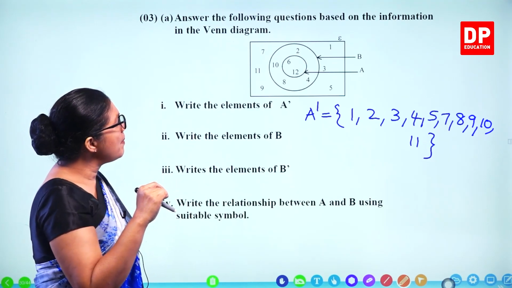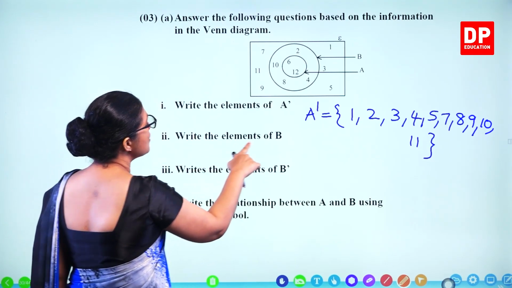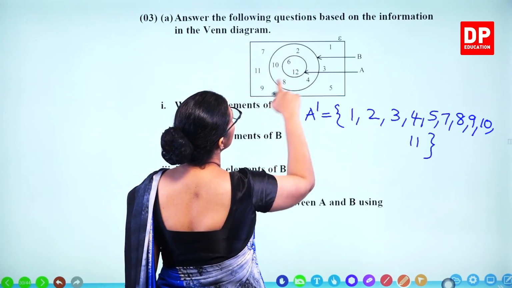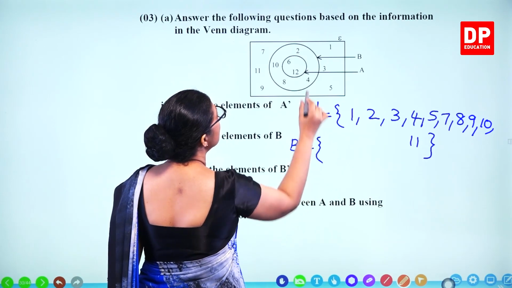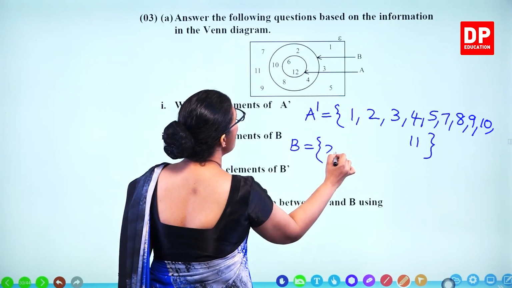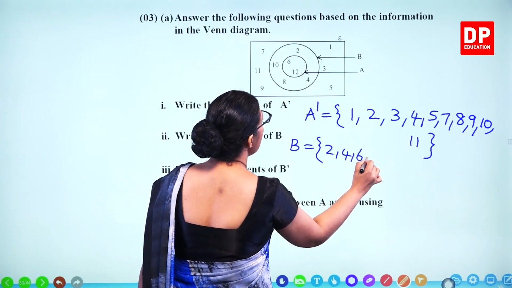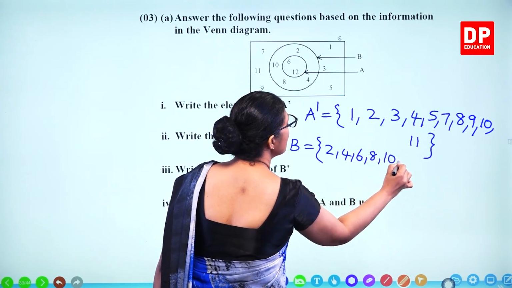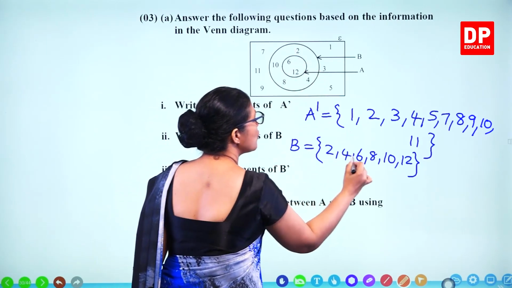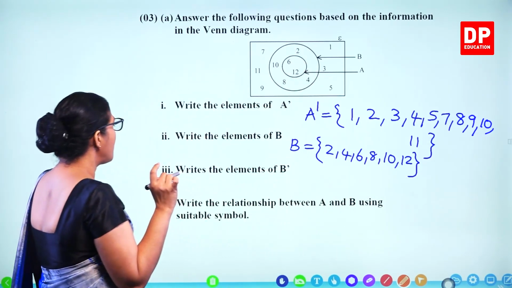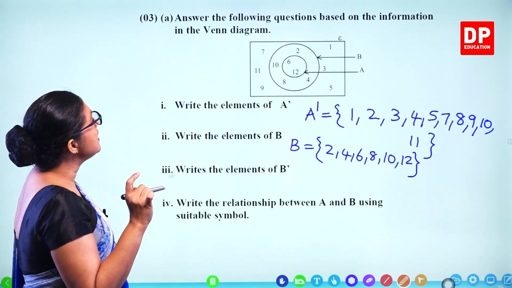Write the elements of B. B is the full circle, the big one. Inside that, 2, 4, 6, 8, 10, 12. Write the elements of B dash.